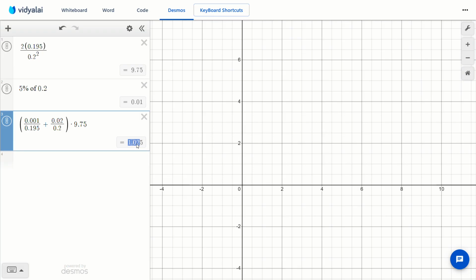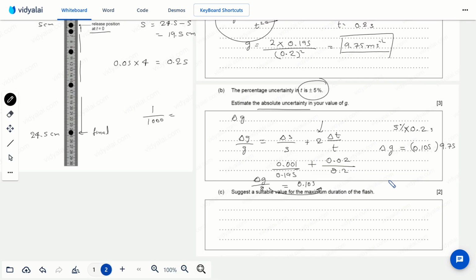So in that way, I get 1.025. So delta g is equal to 1.025. And the error is just the difference between the actual and the true value. So the units for the error in the quantities will also be of the same meters per second squared.